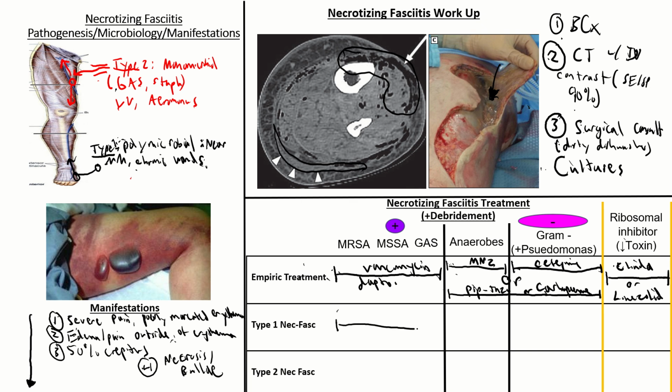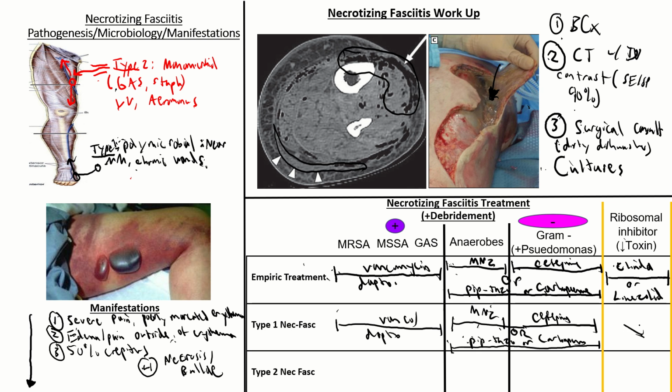You can use basically the same here, vanc or dapto, and you can use the same here as well, which would be cefepime, as noted above, plus metronidazole, or as noted above, you can use a monotherapy that covers gram-negatives and pseudomonas as well as anaerobes, something like piptazo or a carbapenem.